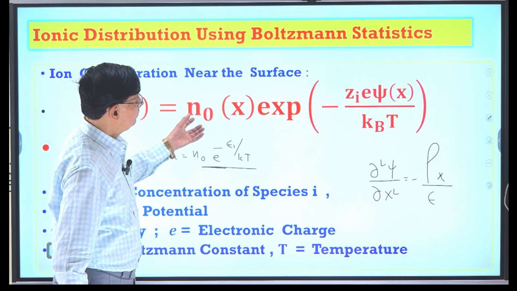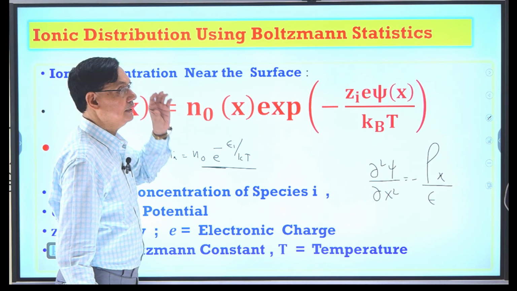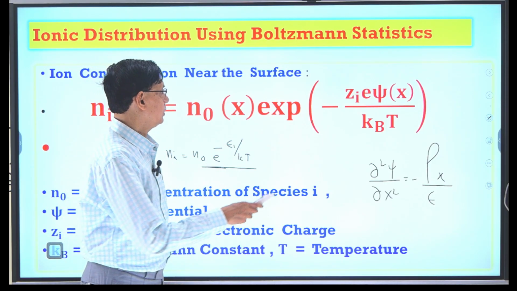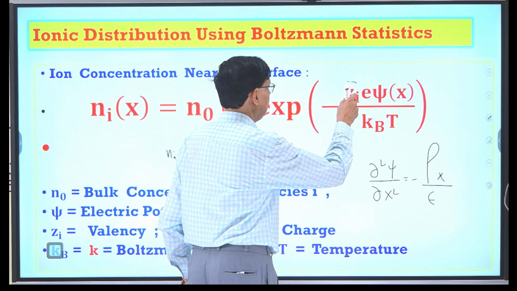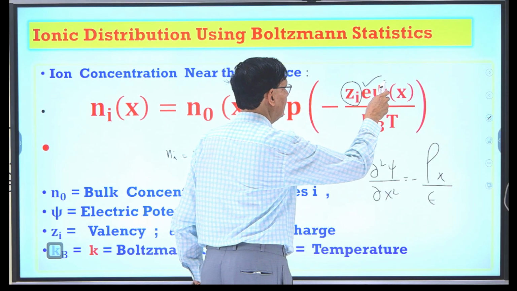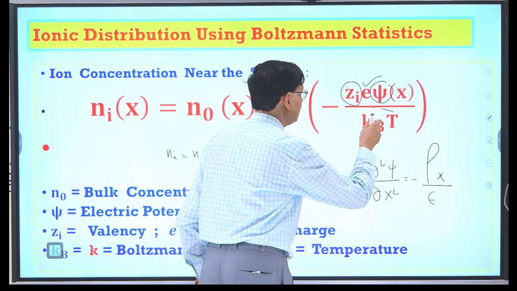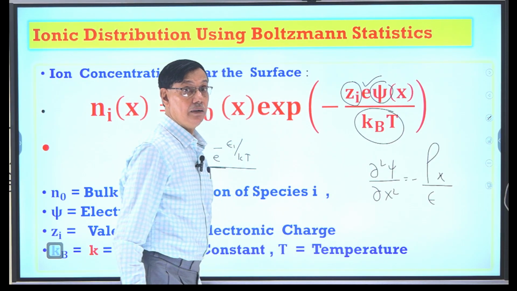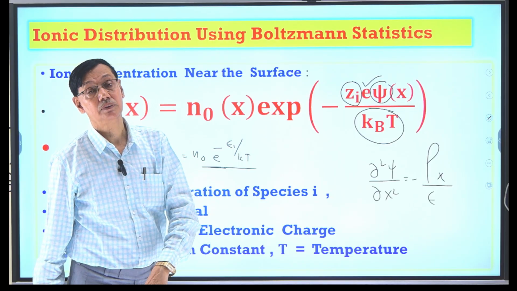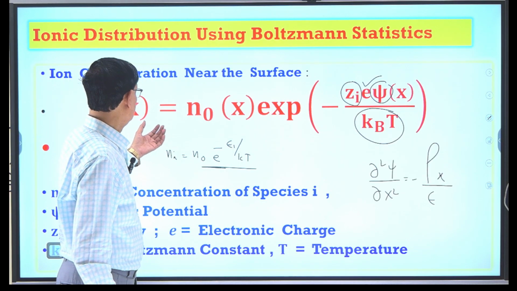But here you know that we are talking about the electrical potential, that is equal to EMF and other things. So therefore it is the valency, then the charge of the species and this electrical potential, and it is the Boltzmann constant and T. Again bear in mind there are cations as well as anions. But here I have written a simple case.